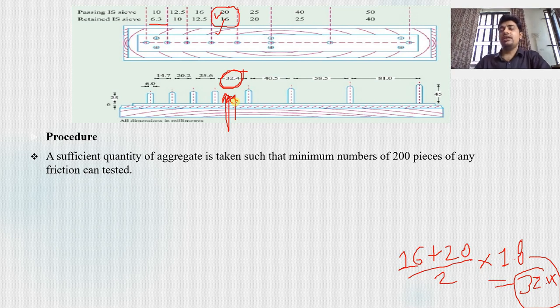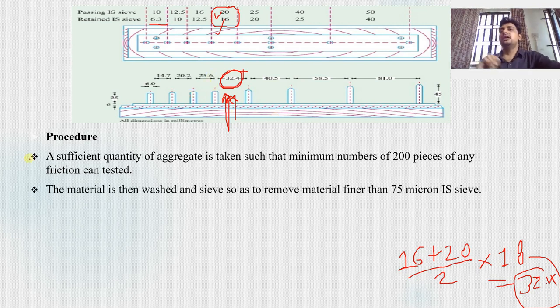If the aggregate length is greater than 180 percent of the mean dimension of the aggregate, which is 32.4, it is known as an elongated aggregate, and this will affect our concrete mass. So we have to find this type of aggregate, the elongated aggregate, and we can calculate the percentage of elongated aggregate.